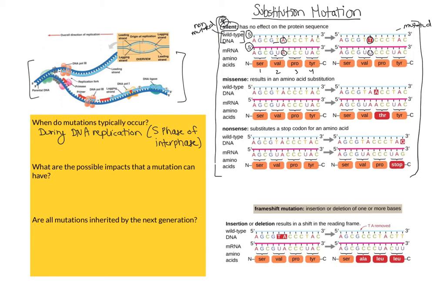And so just because you change the DNA doesn't necessarily mean you're going to change the protein. Okay, that's a silent substitution mutation. A missense, on the other hand, is a substitution mutation that changes one amino acid in the amino acid sequence.